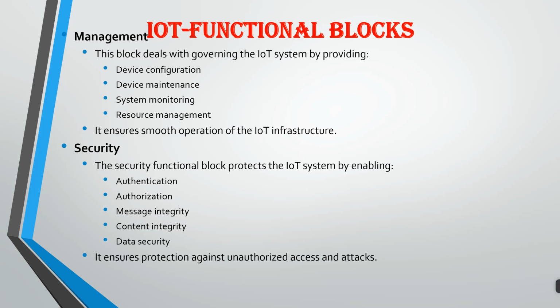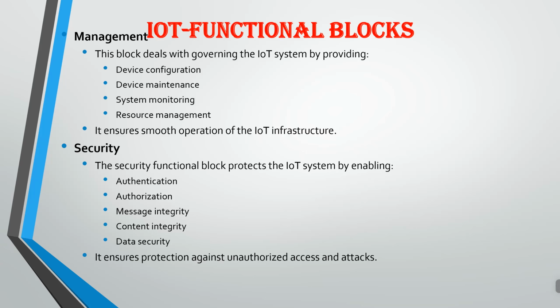Then automatically the oldest data gets vanished and it is overwritten by the new data. So these are all the configurations we do to manage the activities of the IoT. Basically, the purpose here could be getting a smooth operation of the IoT infrastructure.